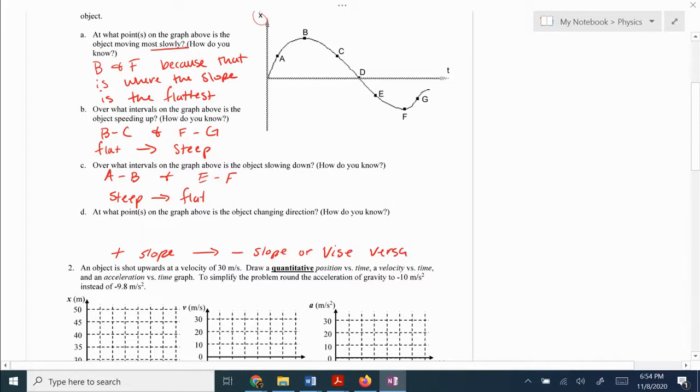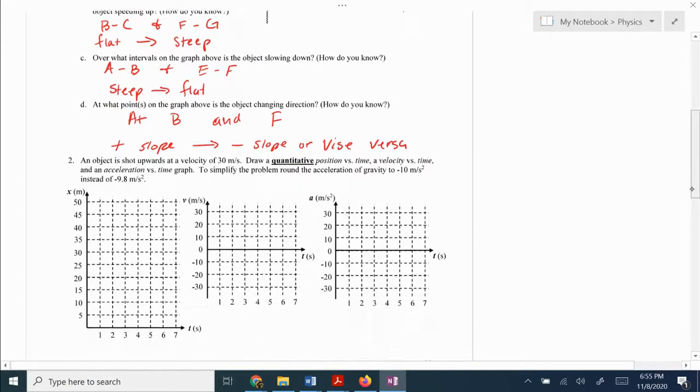So that would be at B and F, right? Because at B, it's going from a positive slope to a negative slope, and at point F, it's going from a negative slope to a positive slope, right? So there you go.